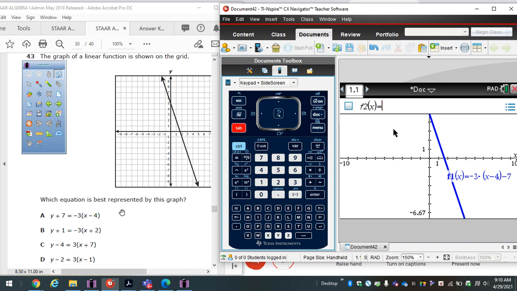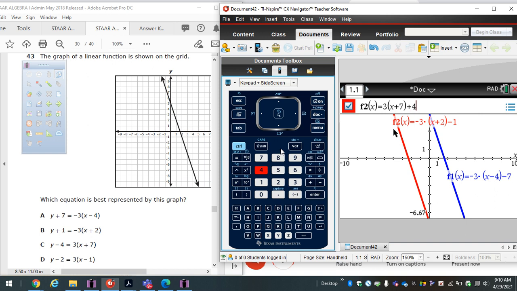Or y equals my minus 1. We're going to go negative 3, parentheses, x plus 2, and minus 1. Not even close. And then we're going to go adding 4, which gets rid of that. So we're going to go 3, parentheses, x plus 7, plus 4.